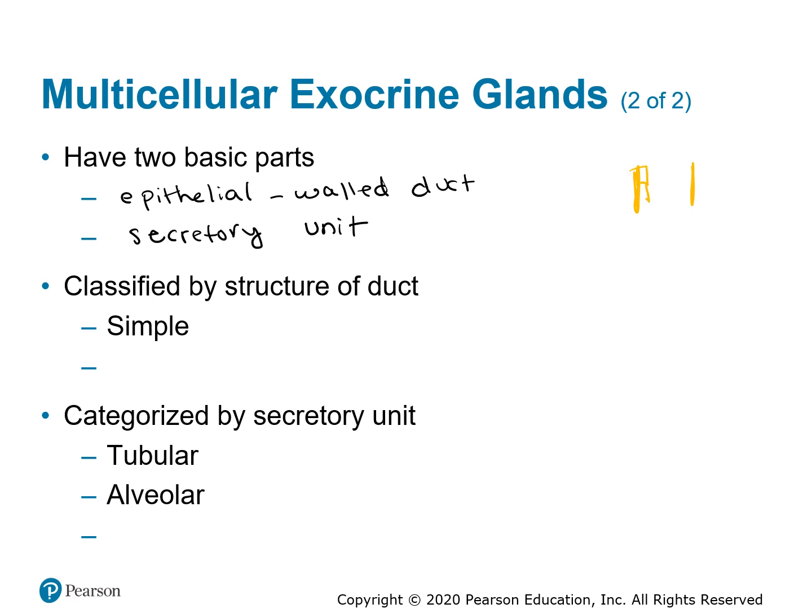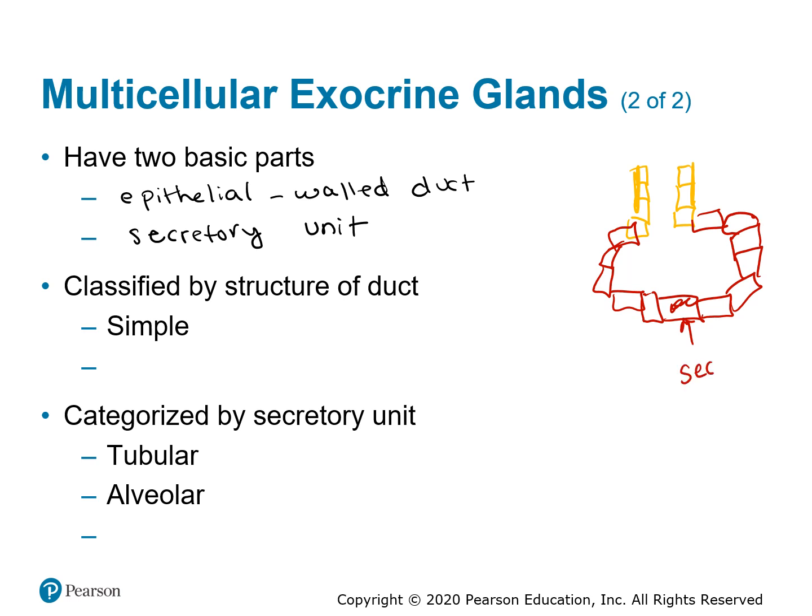So if these are my little epithelium, and then we have our little secretory unit. Note all of these, the secretory unit is also made up of epithelial tissue, right? It's all epithelial cells, but epithelial cells with slightly different functions, okay? The red ones secrete things. And then the other ones are just kind of structure, okay?